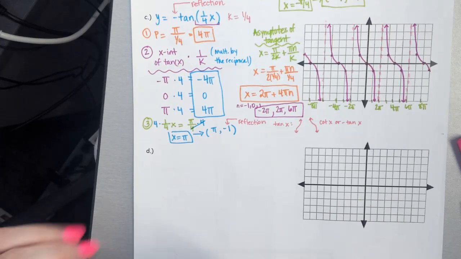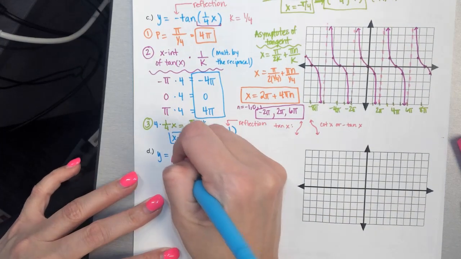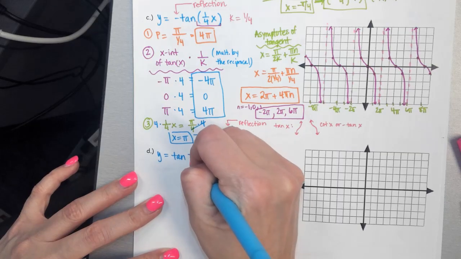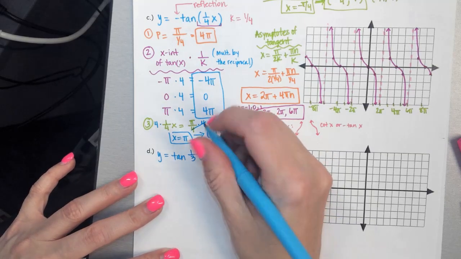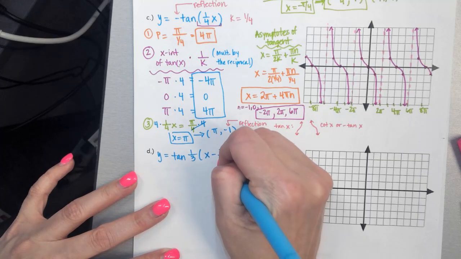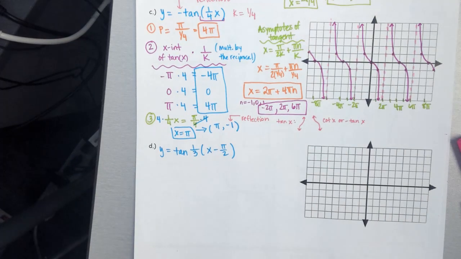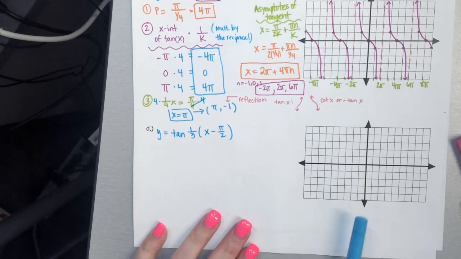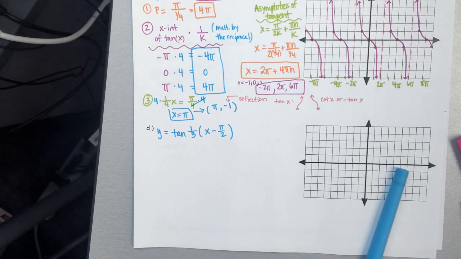All right, and then for part D, I want you to start by finding the period and then identifying those transformations by telling me what those values are.